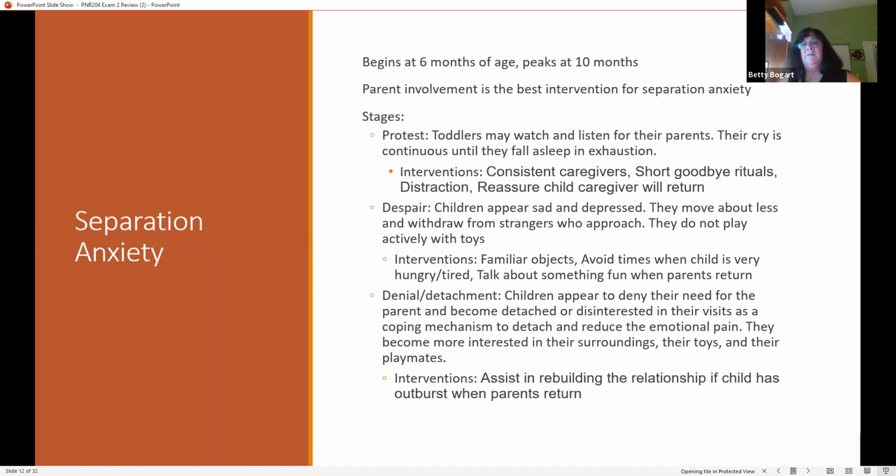So separation anxiety is when they really start knowing the world, around 6 months. We know that parents need to be there with separation anxiety, okay? You can't always, but that's what it is. So the stages.